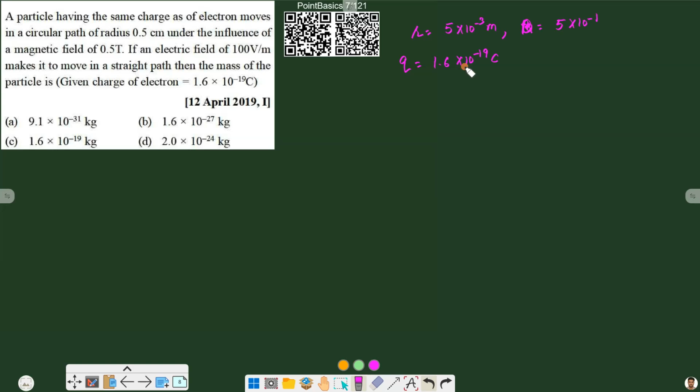So we know that radius is equal to mv by q, and we have to calculate mass here.